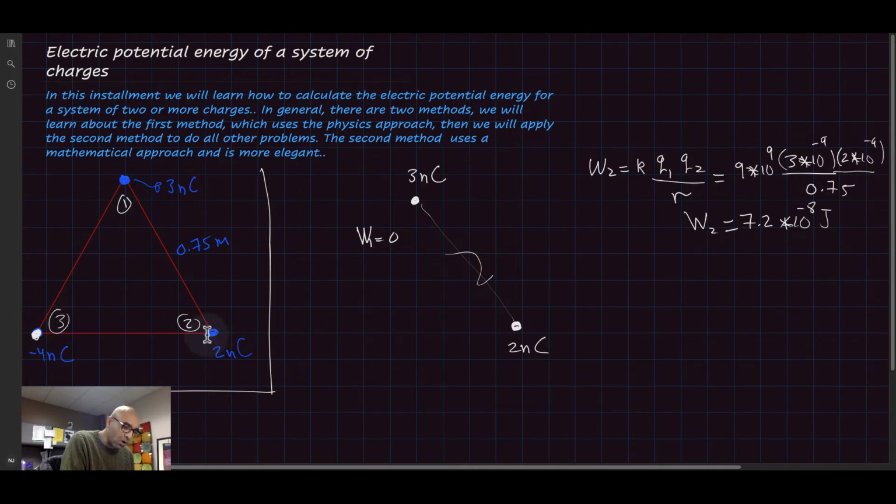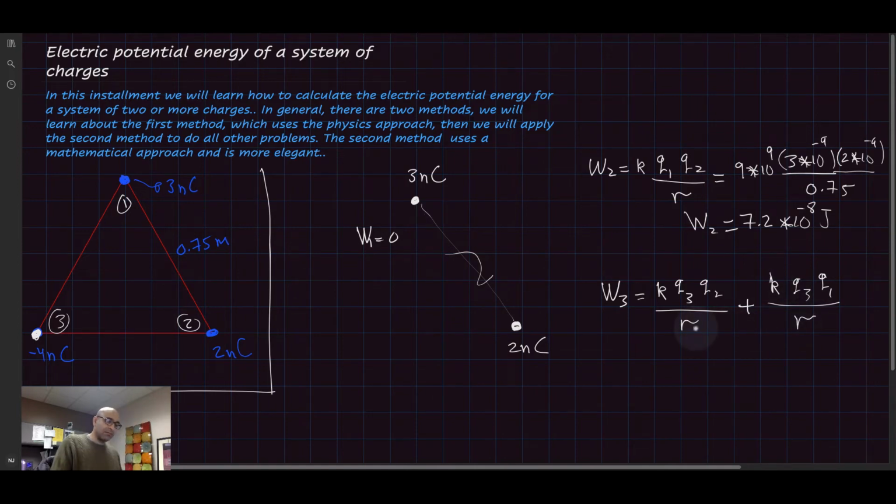So the work for charge number 3 should be equal to k Q3 times Q2 divided by the distance between them, which is R, plus k Q3 with the presence of this charge Q1 divided by the distance between them, which happens to be the same distance.